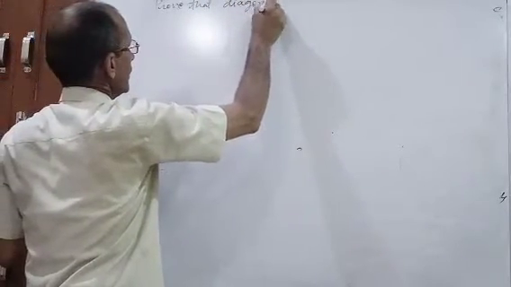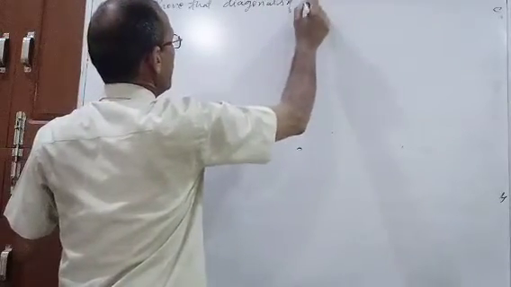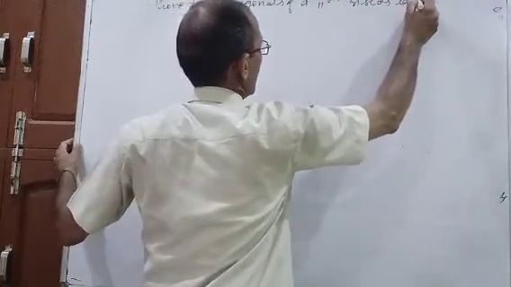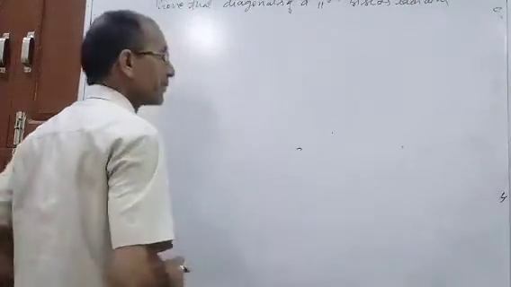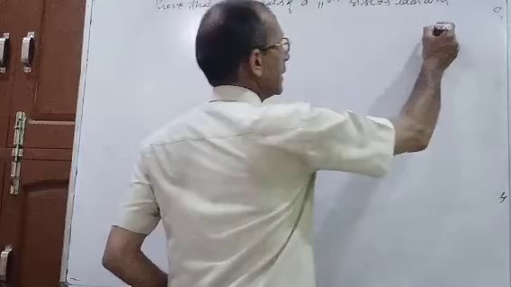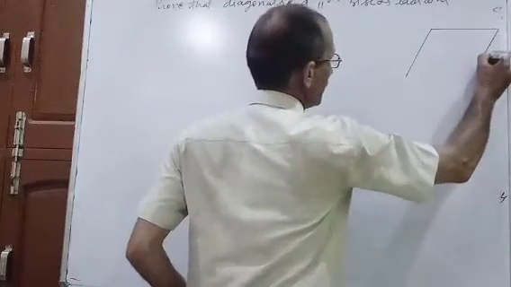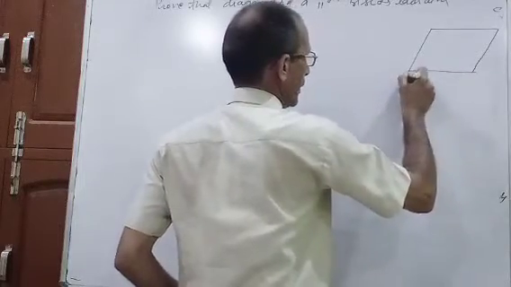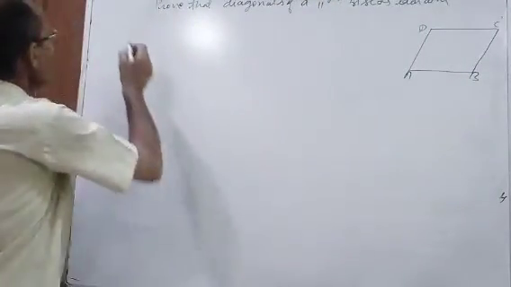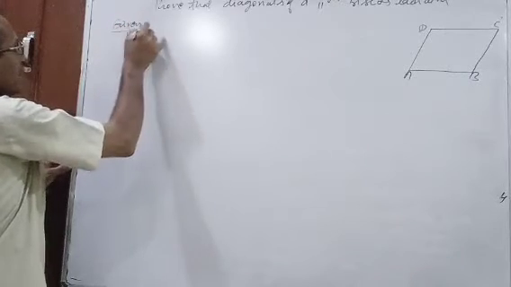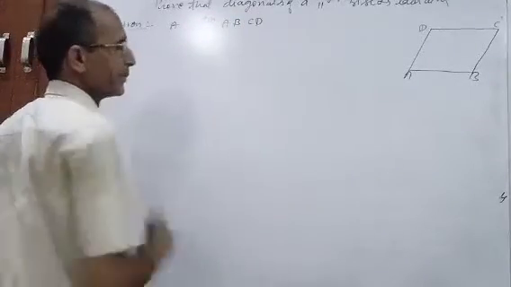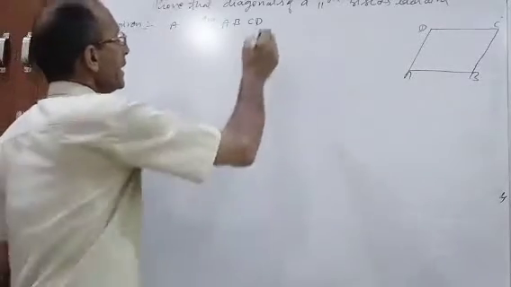So ABCD is a parallelogram. Given a parallelogram ABCD in which diagonals AC and BD are intersecting each other at O.